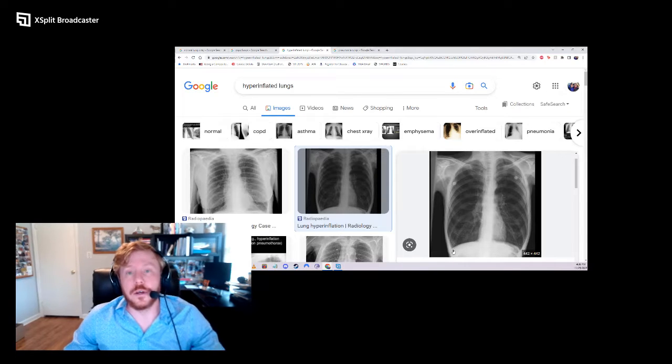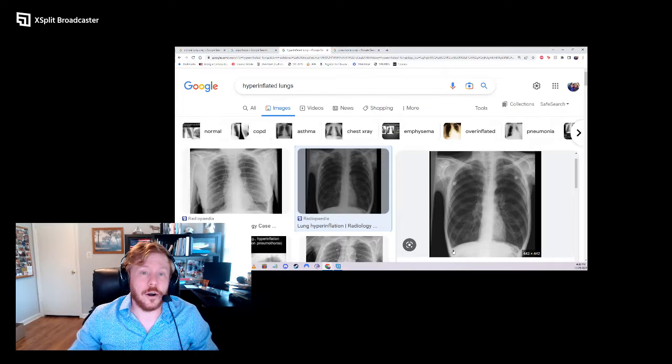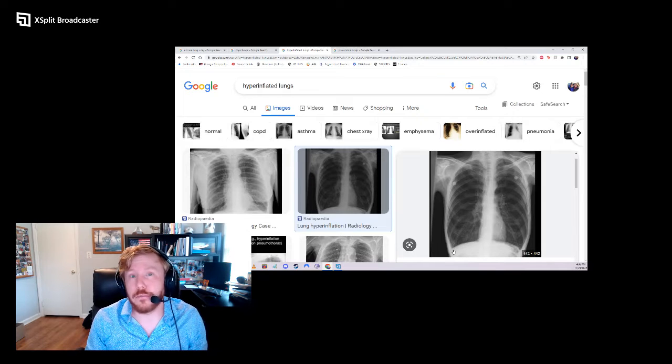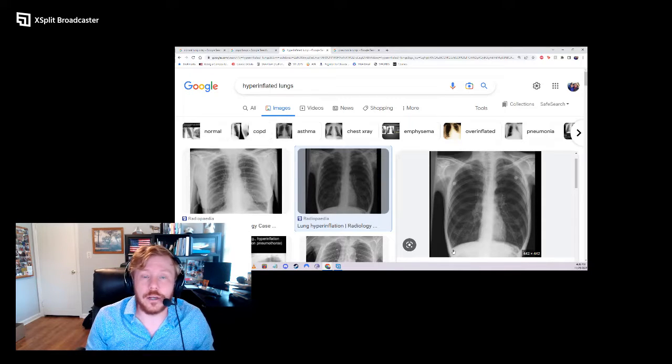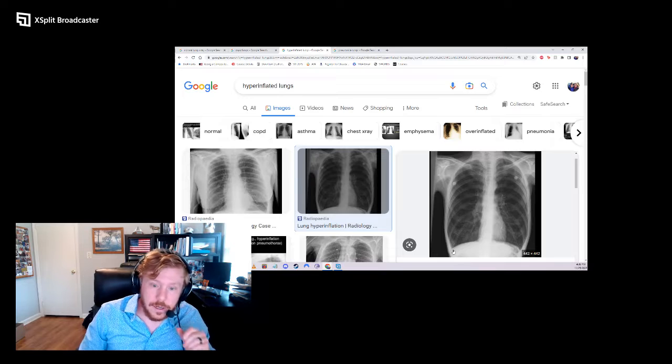So the lungs are hyperinflated and it's really hard to get air in because you can't stretch those lungs out anymore. And it's also hard to get air out because the elasticity of your lungs, the stretchiness, the rubber bandiness of your lungs is destroyed. And like I said, that's mainly caused through smoking.